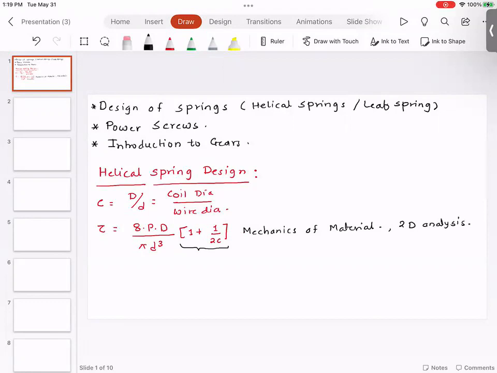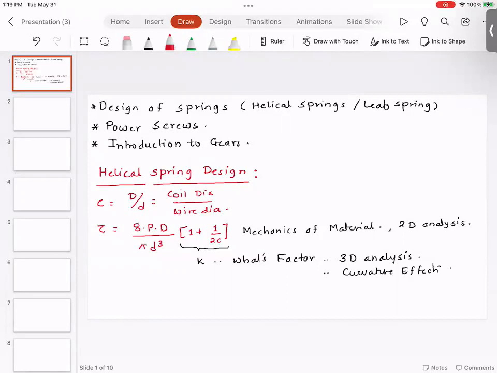Now, you can actually use something called K, which is the Wahl factor. This is used for 3D analysis, where the curvature effects are taken into account.